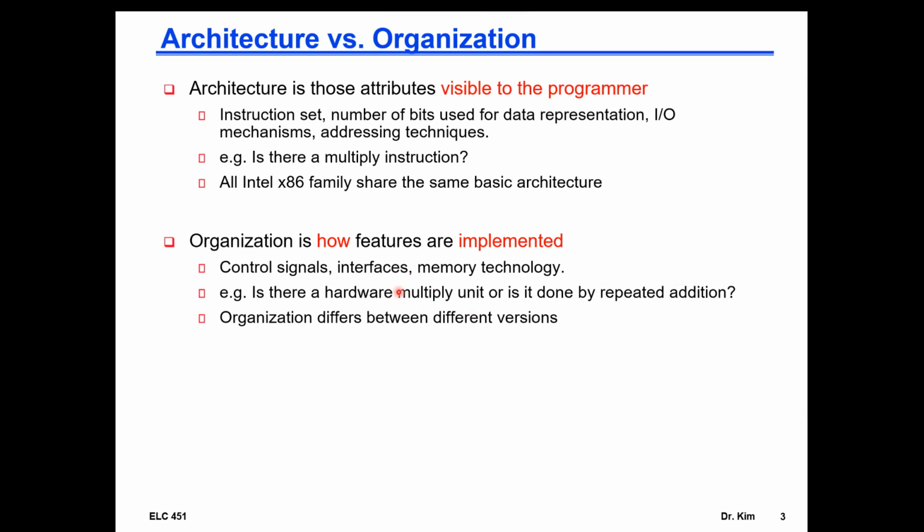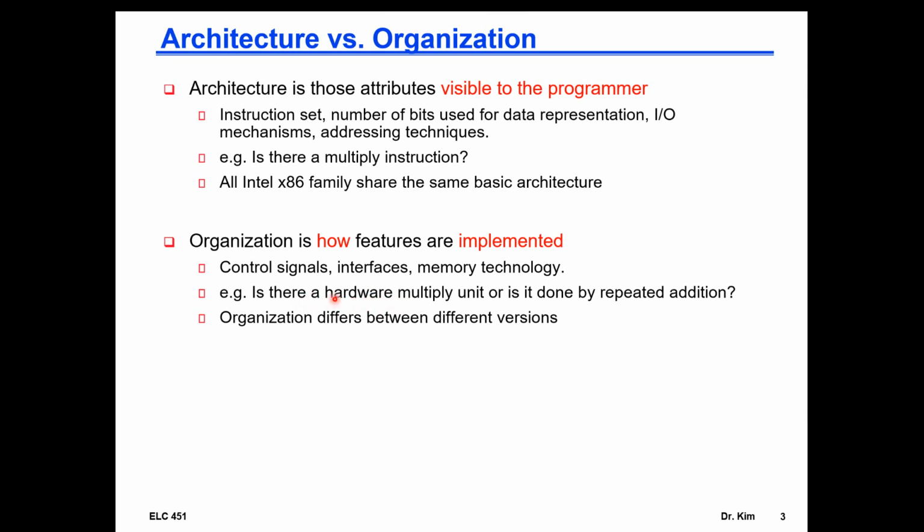Or are we going to have a parallel multiplier which can do the multiplication instead of doing it by repeated addition in multiple clock cycles? This parallel multiplier could do it in a single cycle, but it's much more expensive in terms of hardware, in terms of number of transistors.